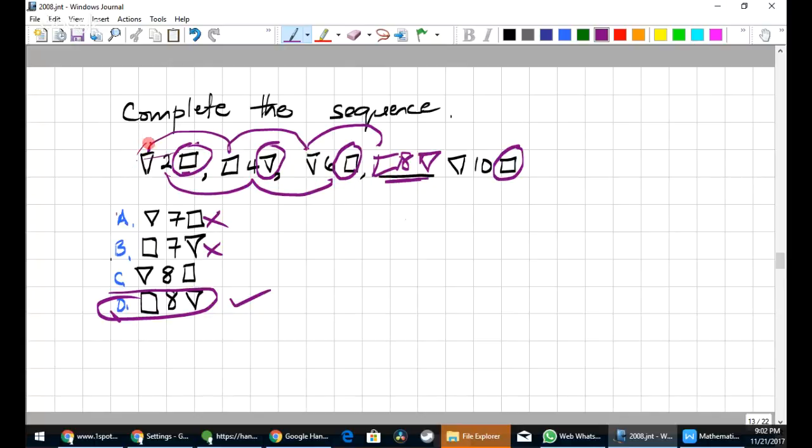Then we look at what we start with. We keep changing. We start with the triangle, then we go to the square, then the triangle, so we need to go back to what? Square. So this is the one that we would use. All right. Okay.